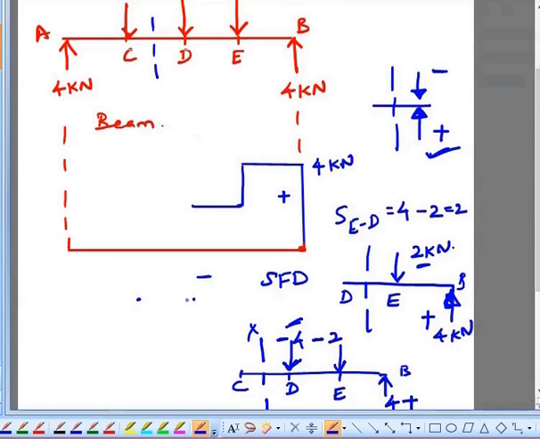So these are the points representing the C and D. So between the point C and D, your force is minus 2 kilonewton. So I'm drawing like this. I'm drawing below the red color horizontal line because this represents a negative value.